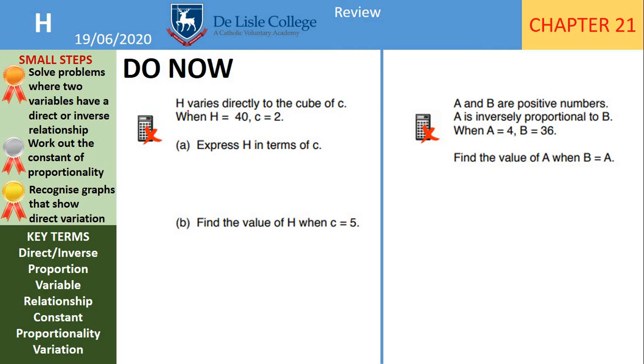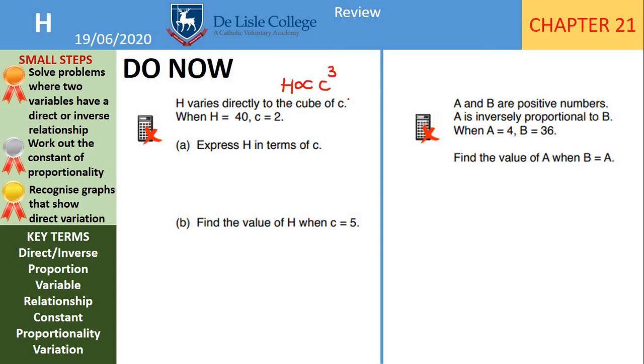So, for the first question, h varies directly to the cube of c. Hopefully you remember we write this as h with the proportionality symbol, and it's directly to the cube of c, so that means c cubed.